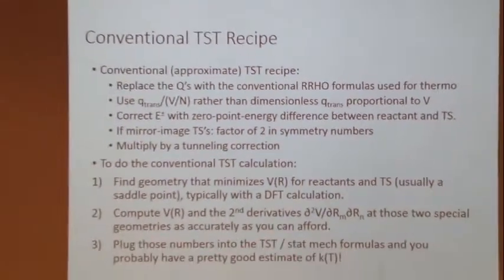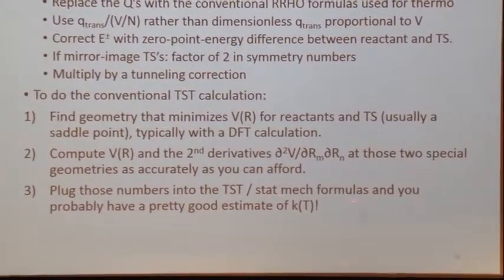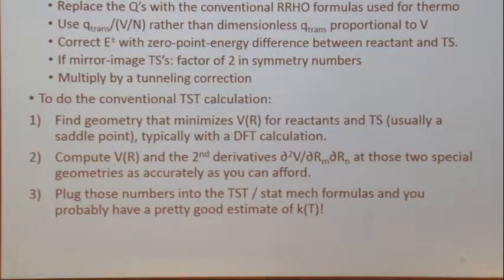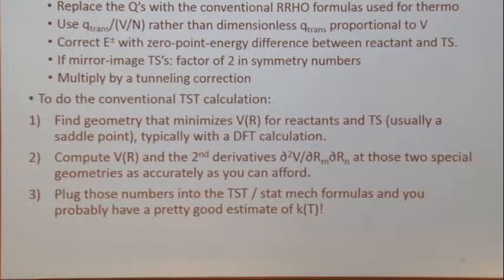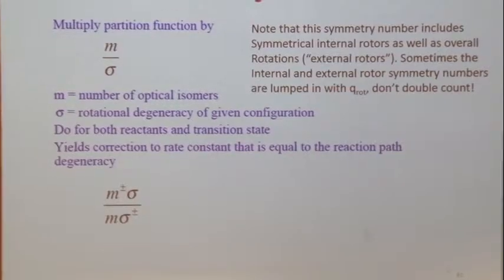So once I get those numbers, the E and the frequencies, I just plug them into the StatMech formulas for the Qs, and bing, I have a number, k TST. Okay? And if I'm lucky, this number is really close to the truth. All right? But now you get the idea this is not guaranteed to really be the truth, but a lot of times it is. So people use this a lot because it works pretty well.